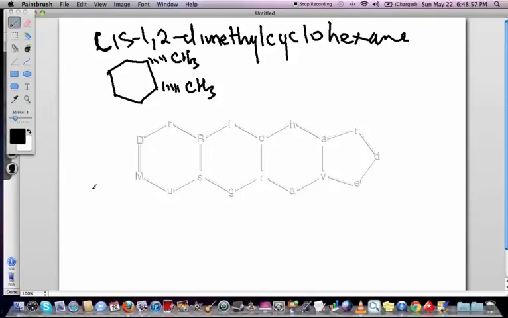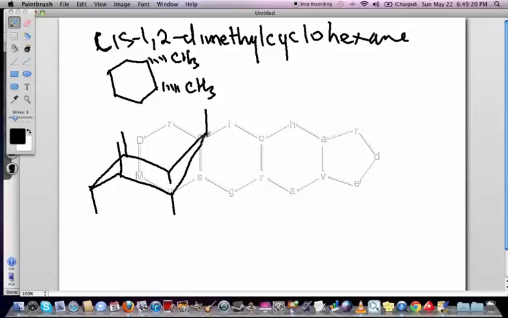And remember, when we're drawing a chair conformation, we start off with a lightning bolt. And then we add in our axial bonds. You've seen my previous video for more details about how to do this.